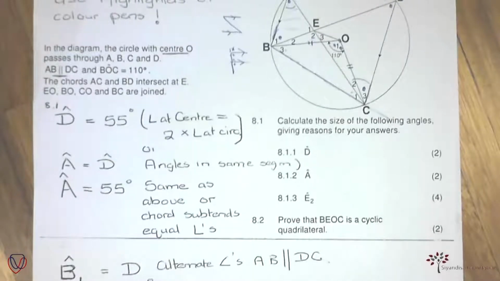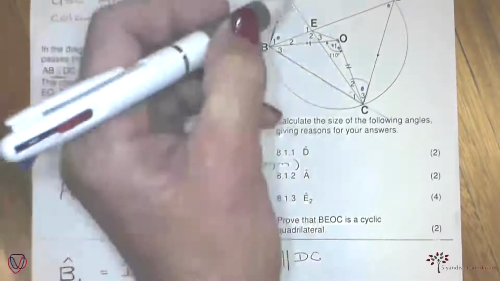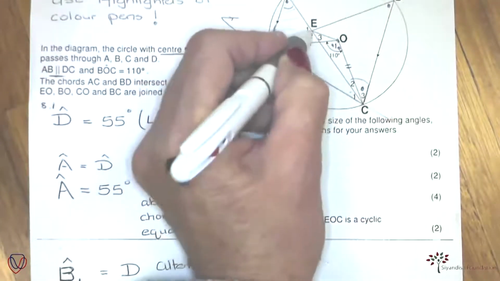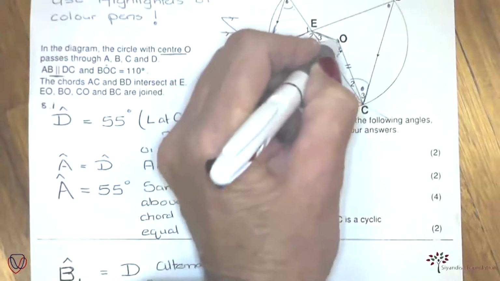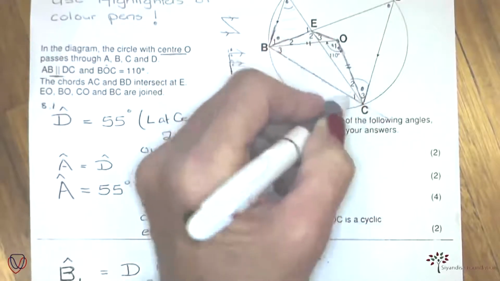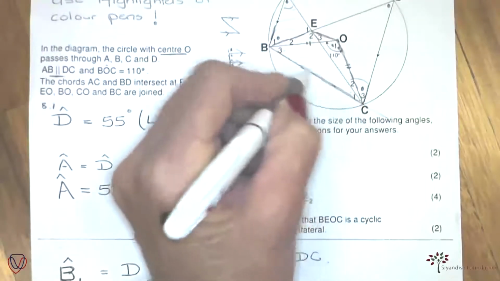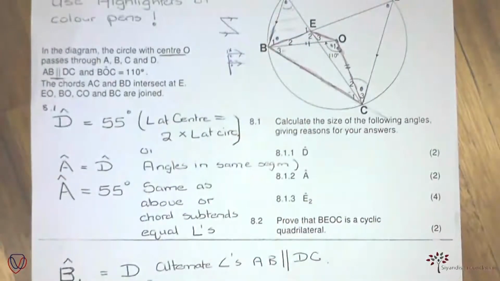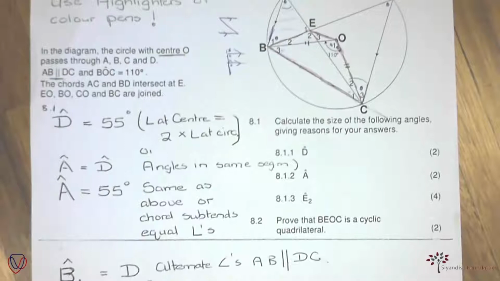BEOC is a cyclic quad. Now you take another color and you draw it in there, but my colors are all black here. BEOC. It's always good to highlight or color in that quadrilateral, which you must prove.